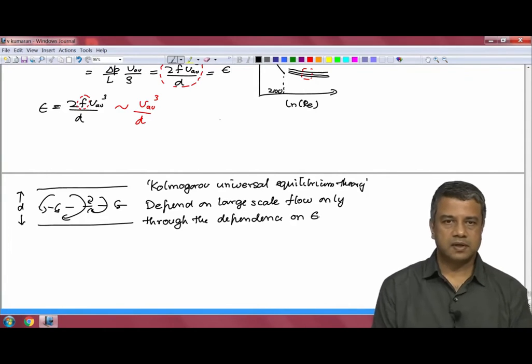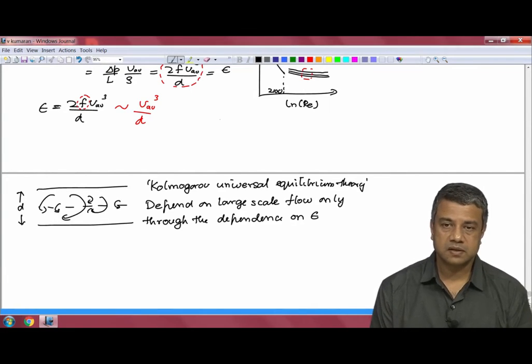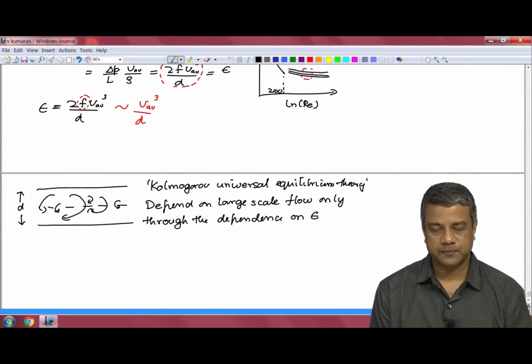They depend on the large scale flow only through this intensive quantity, the energy dissipation rate per unit mass.